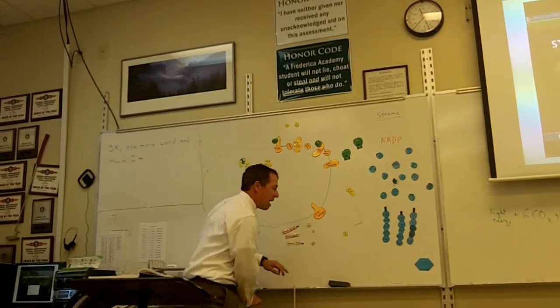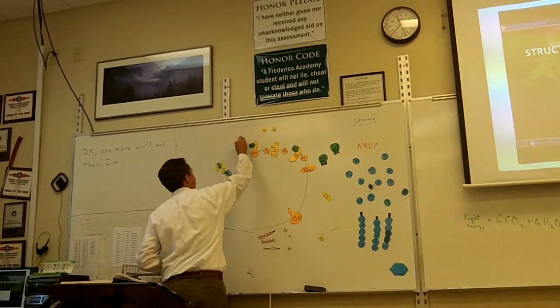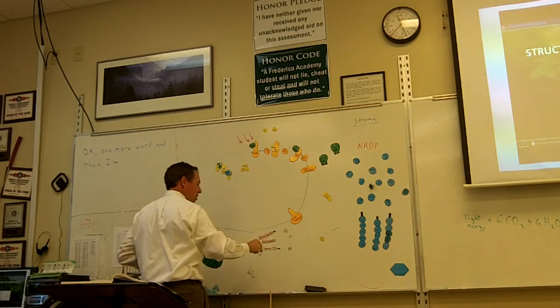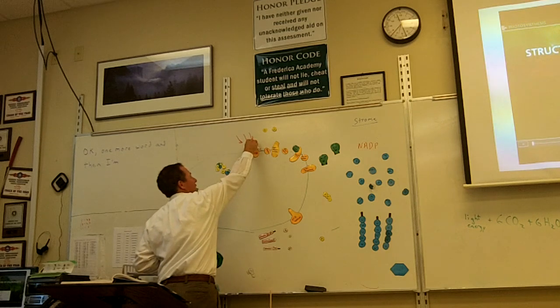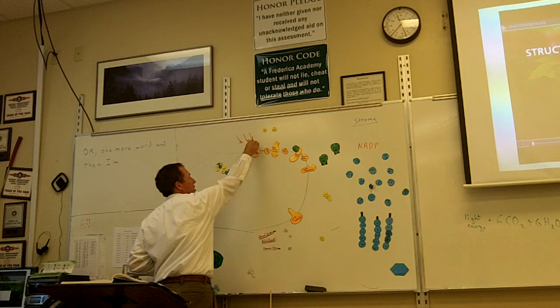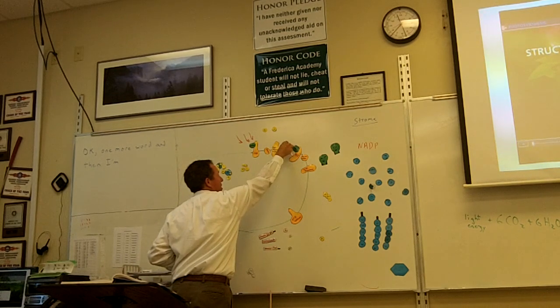But what happens is light shines down, hits the chlorophyll, and that energizes electrons. They kind of jump out of the chlorophyll here in photosystem 2 and start moving down this electron transport chain.